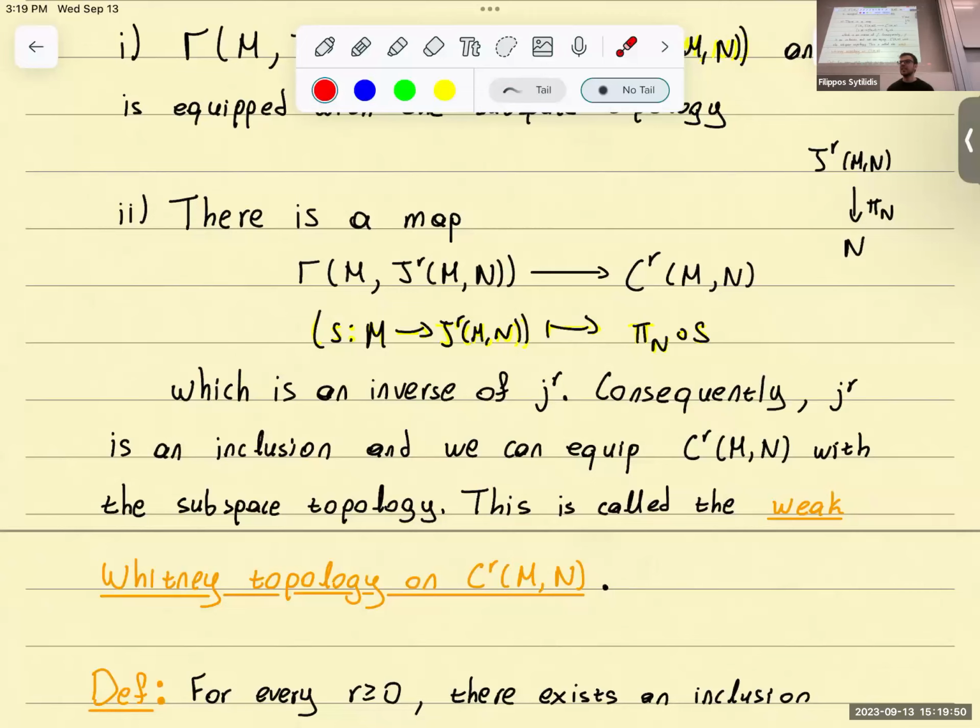Well, the question is though, how hard is it to construct the topology on the jet space? So I'm definitely throwing things under the rug here. I take as given that this space of jets has a topology.